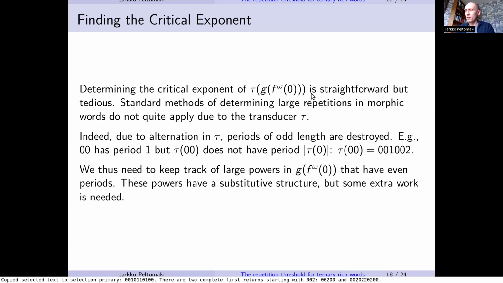Okay, what's here? Oh yeah, the structure theorem is one part, but the other part is determining what is the critical exponent of this infinite word. And here are just some remarks about it. If you have a morphic image of a fixed point, then there is a standard way to determine the critical exponent.